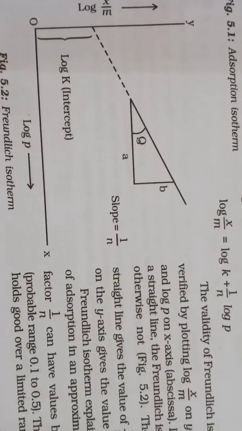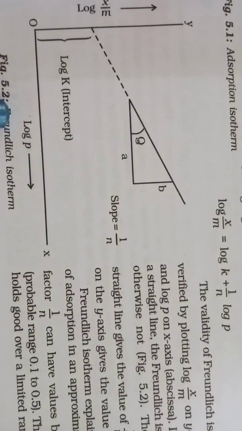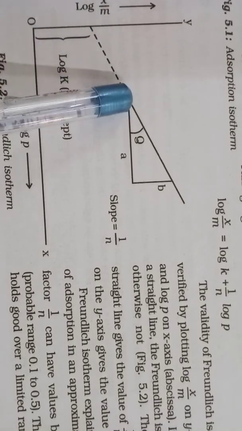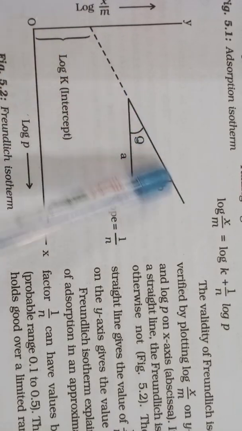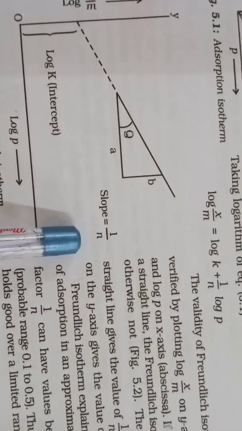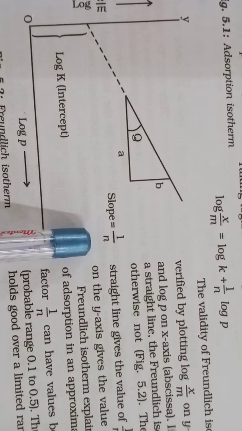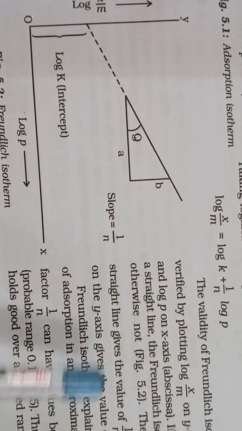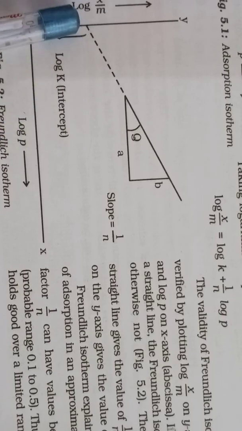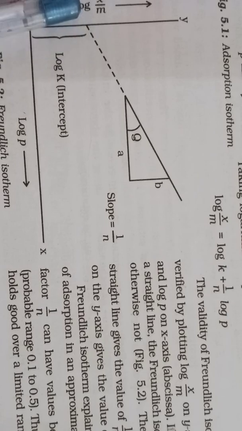Now let us see the graph. This is the graph of log p versus log of x by m. When you draw it, you will get a straight line here. The slope of this straight line is 1 by n, and the intercept is log k, which is on the y-axis.